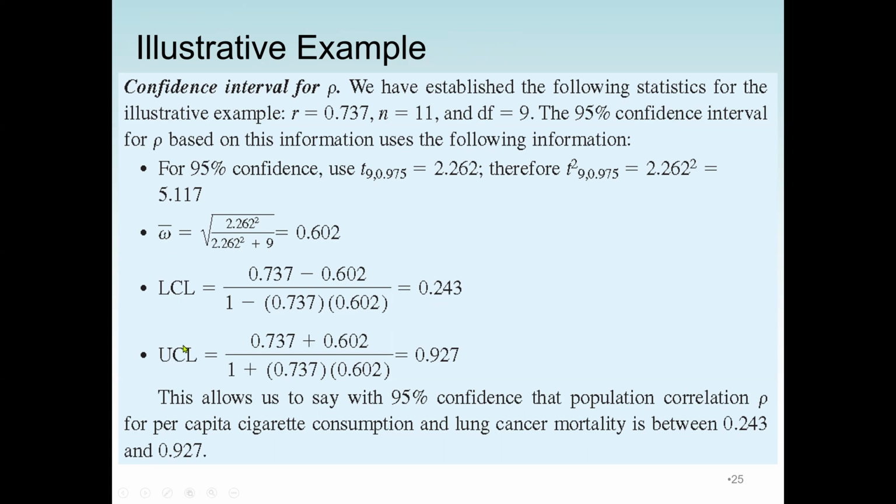The upper confidence level is R plus W over 1 plus R times W, and that gives me 0.927. So this allows us to say that we are 95% confident that the population correlation between per capita cigarette consumption and lung cancer mortality is between 0.243 and 0.927. We know the association is there.